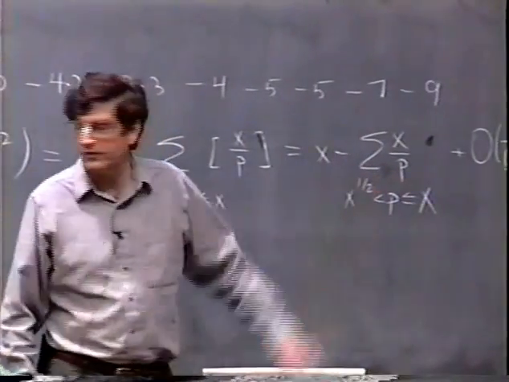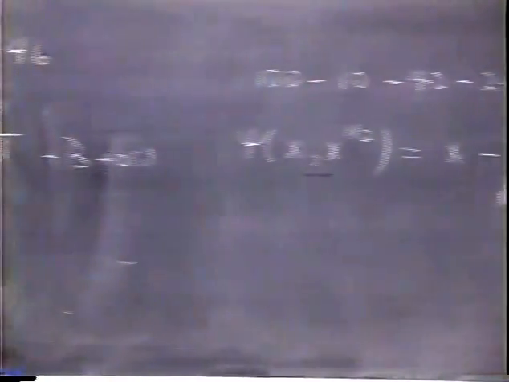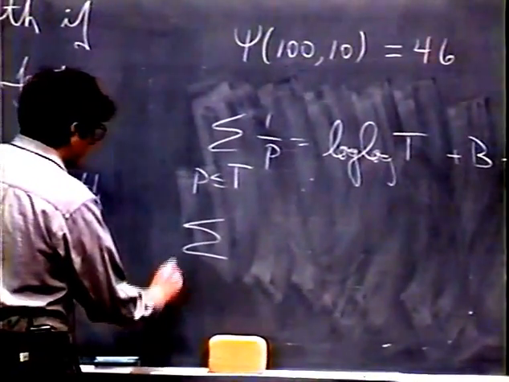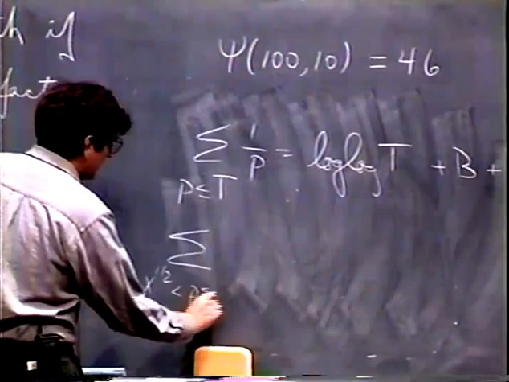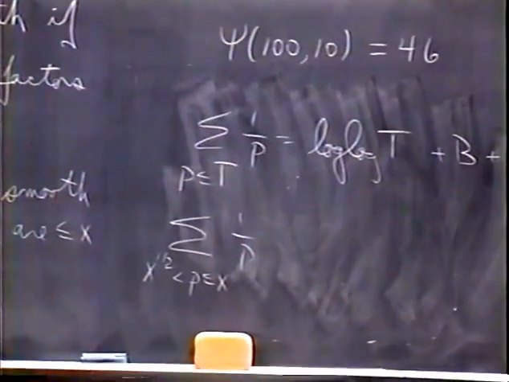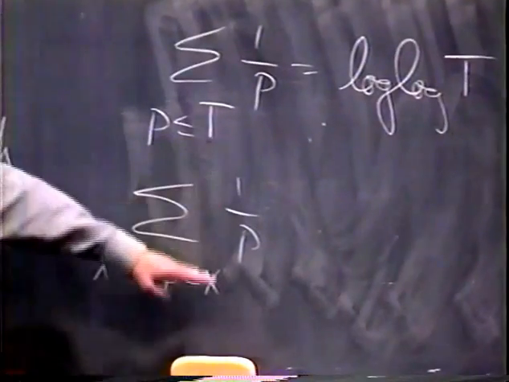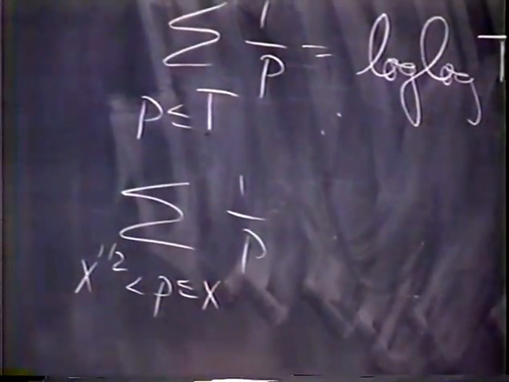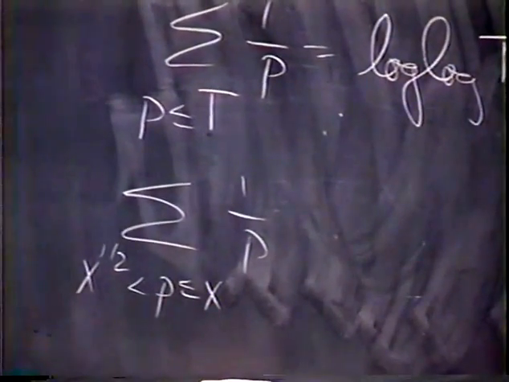It's x times. So what would this theorem tell us? Let's do the summation over x to the 1/2 less than p less than or equal to x of 1 over p. OK? So that's the sum at t equals x minus the sum at t equals square root of x.